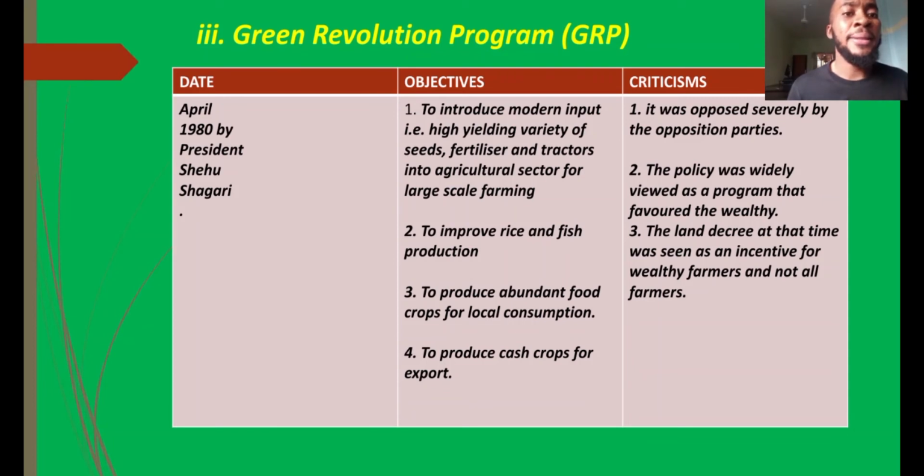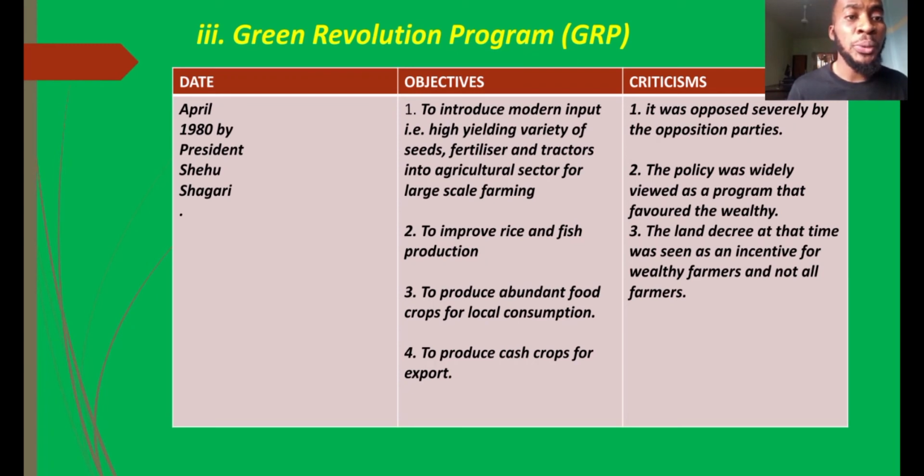Now we have to improve rice and fish production. That's one of the points. Rice and fish were known as the essential foods then, so the need for them to be produced in large quantity was very necessary, and for that reason, the concentration of the Green Revolution Program was also to improve rice and fish production.